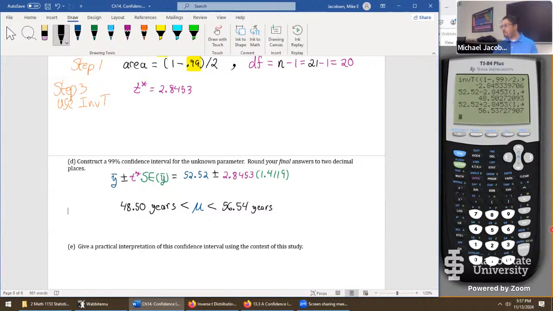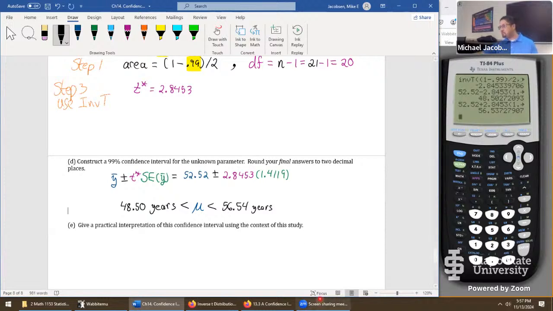Okay, well, we've got our confidence interval. And the biggest challenge in statistics is not actually calculating the confidence interval. It's just conveying what it's trying to say. One thing we mentioned before, we can never really say to people is we have 99% confidence, 48.50 less than mu, less than 56.54. No one has a clue what you're talking about, and you sound like a robot at that point. So we have to break this down, say exactly what we mean, referring back to the context.